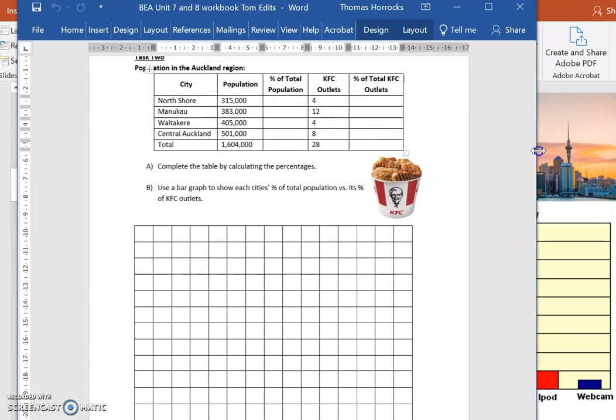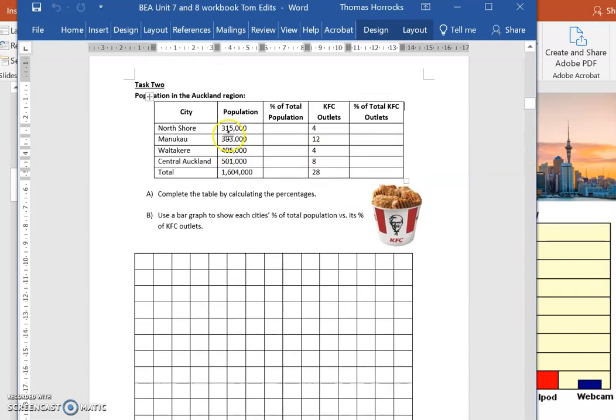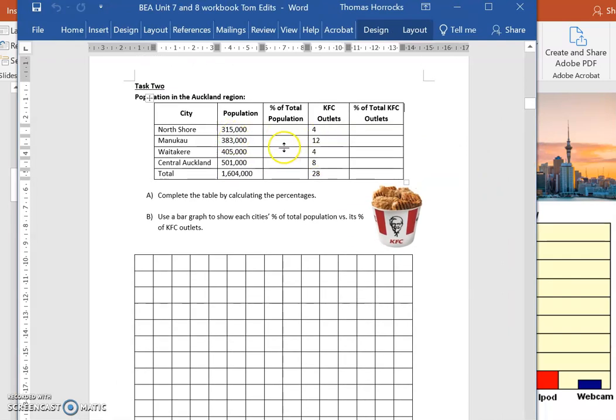For this task, gentlemen, first and foremost, we're going to have to do some percentage calculations. Easy peasy. So for the percentage of total population, we're going to calculate those for the individual populations of these sub-cities of the Greater Auckland area divided by the total population.